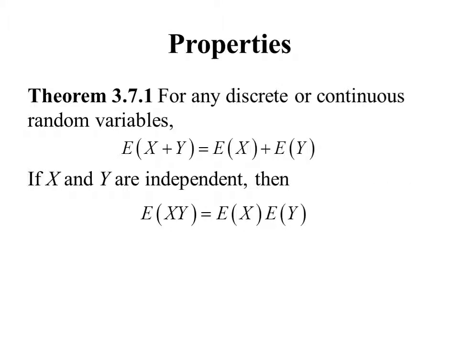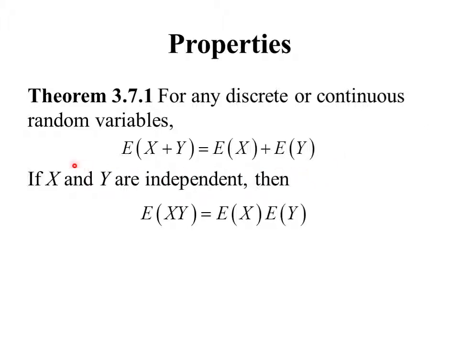Now next we're going to list a couple of properties of this idea of expected value of a function of two random variables. First theorem has two parts to it. The first part says that for any discrete or continuous random variables, the expected value of the sum is equal to the sum of the expected values.